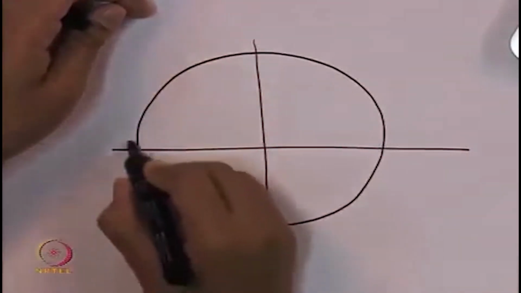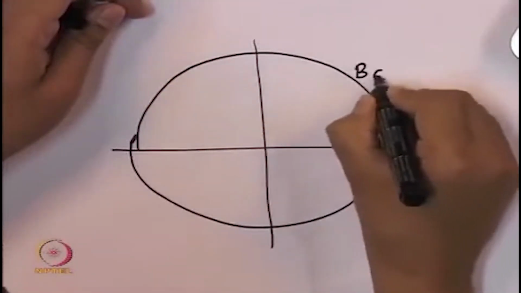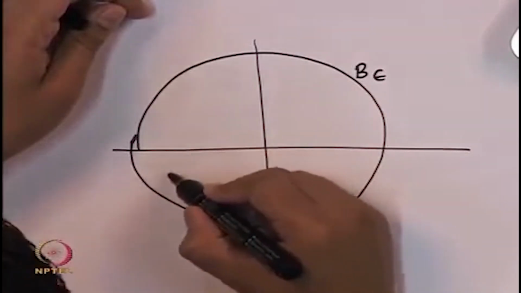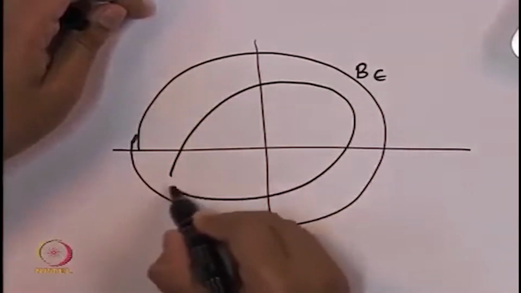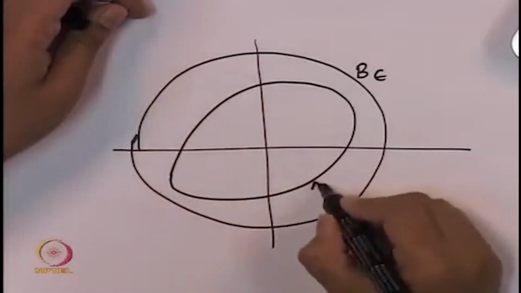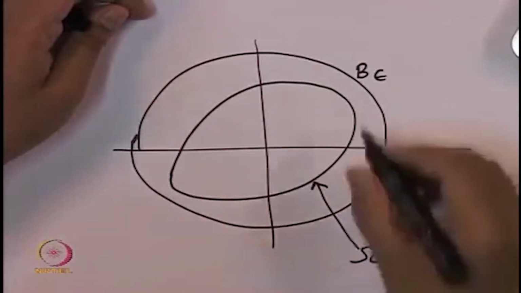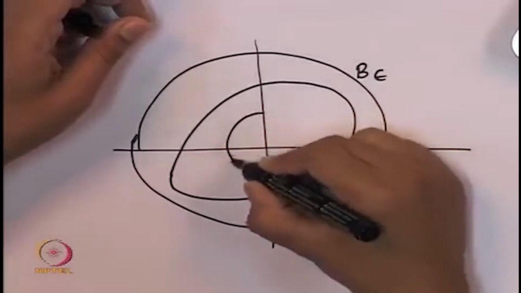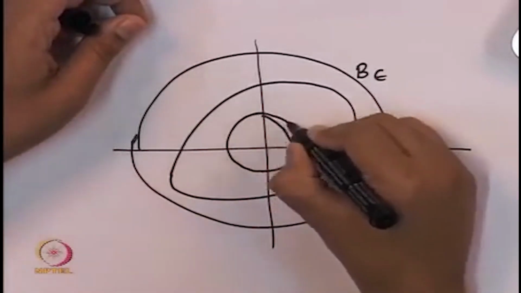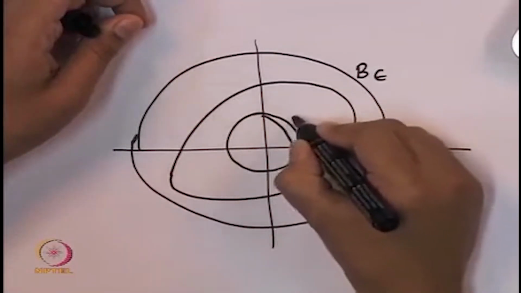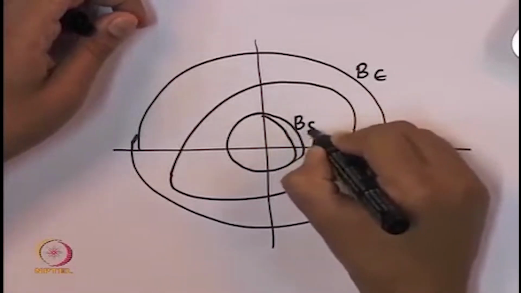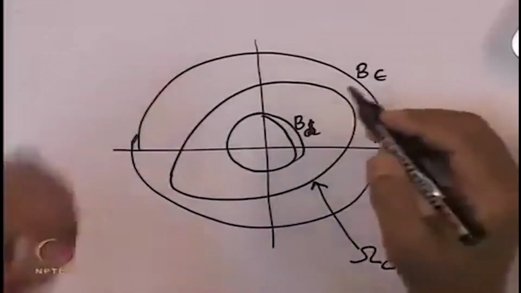This is our ball B epsilon. There is this set which is not a circle, it is not a ball. This is omega c, and inside this there is a ball B delta, which we have now called BD.